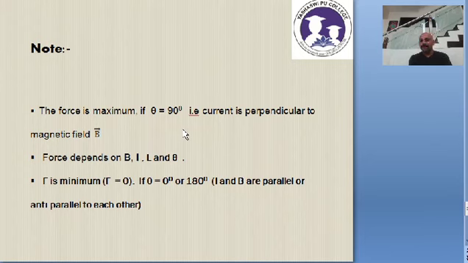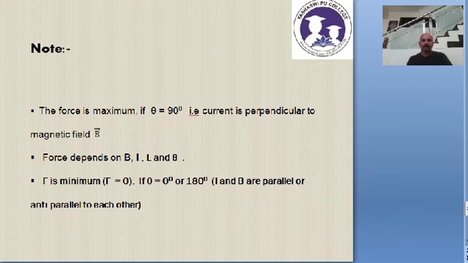If theta is 0, it means that the conductor is kept parallel to the magnetic field. If theta is equal to 180, it means that the conductor is kept anti-parallel to the magnetic field. So in those cases, the force will be equal to 0. So force is maximum when theta is 90, that is when the conductor is kept perpendicular to the magnetic field. If it is kept parallel or anti-parallel, force experienced will be equal to 0.